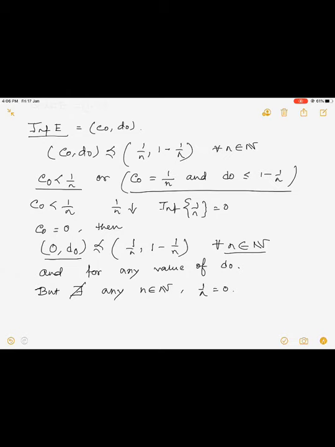Thus the infimum is of this form for any value of D0, but this gives infinitely many values of the infimum, which is not possible. Hence the infimum of E does not exist, and 2 is the correct option.